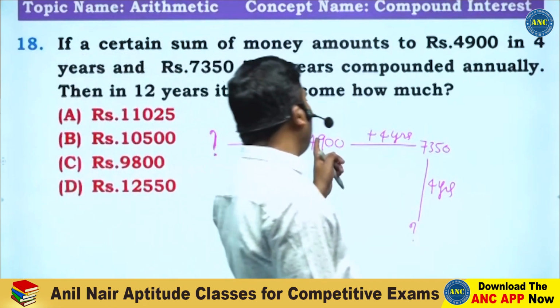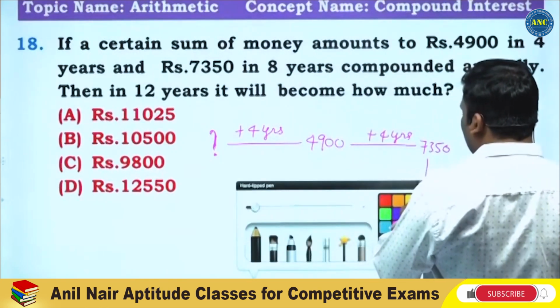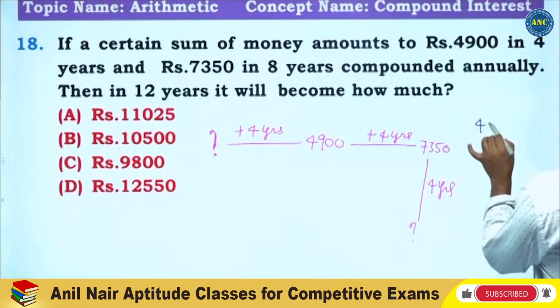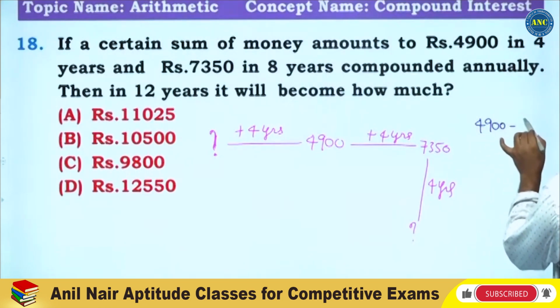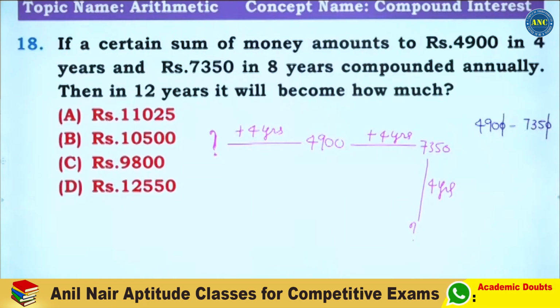Now see here. 4,900 is becoming 7,350. Zero out, zero out.